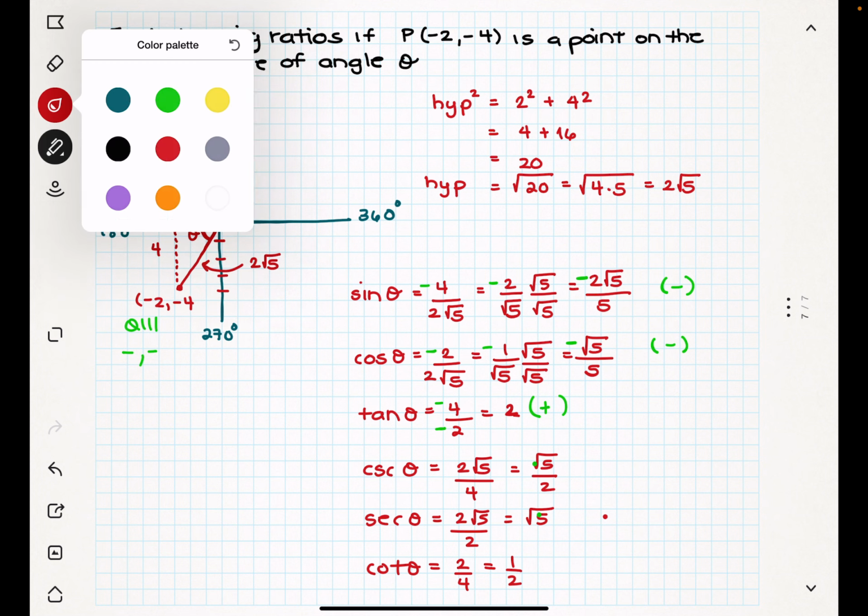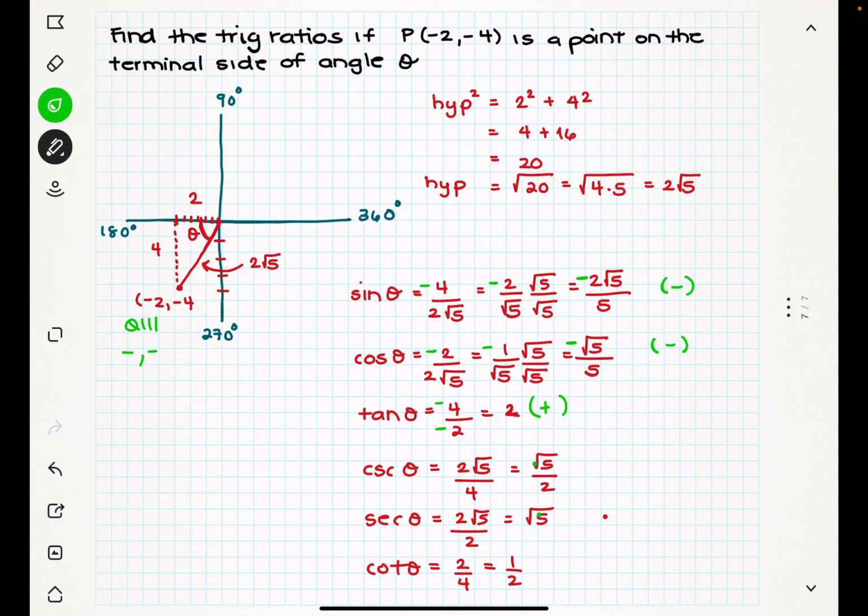Okay, so now let's see the reciprocals. We're going to have a negative, so this stays here. We'll also have a negative, so this stays here. And negative over negative gives me a positive. So in this case, all of my trig ratios are going to be negative, but tangent and cotangent.